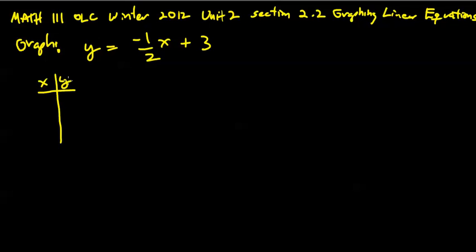Well, notice y is solved for. In other words, y is given in terms of x. So in this case, I can really find an x value, and it may be a convenient x value, and then solve for the corresponding y value and get a list of coordinates that solve this equation.